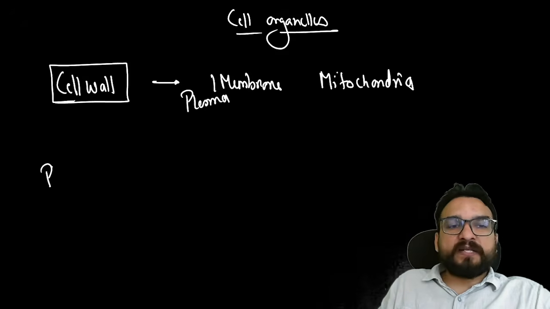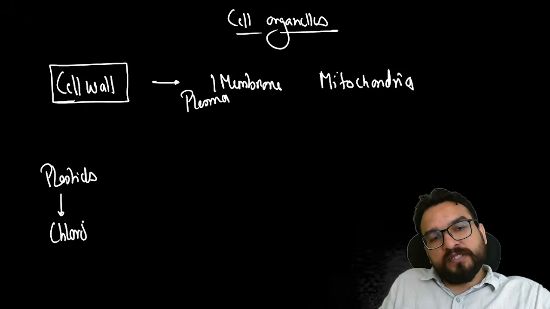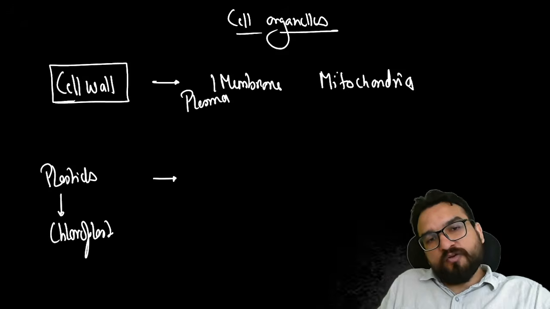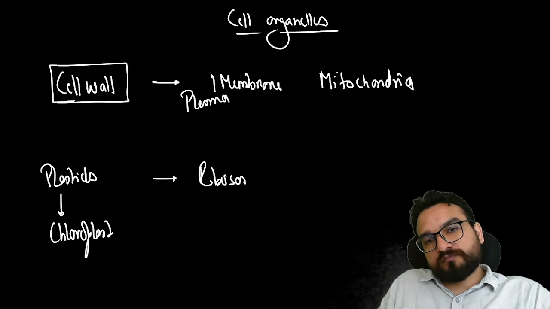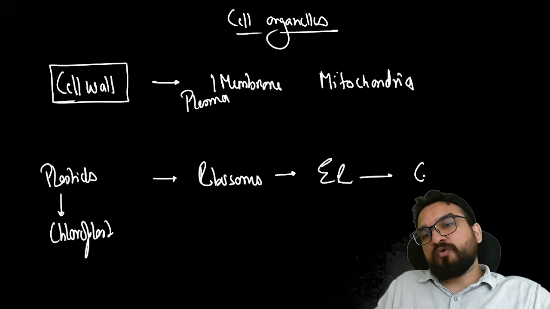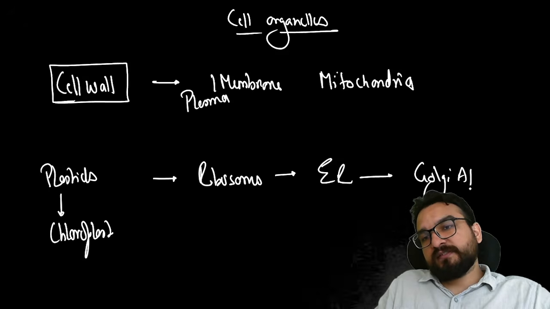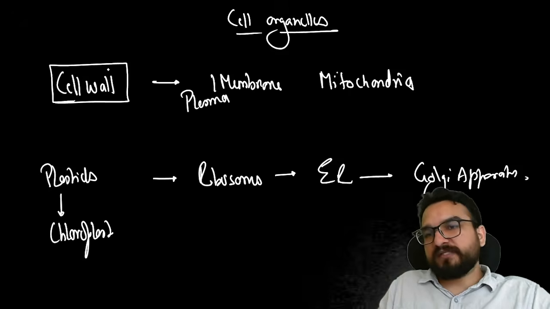Then over here plastid, and under plastid we are going to see chloroplast. Then you will be finding ribosome. Then endoplasmic reticulum and your Golgi apparatus. Very important. Okay, these things have to be understood here. We have to understand all this one by one.